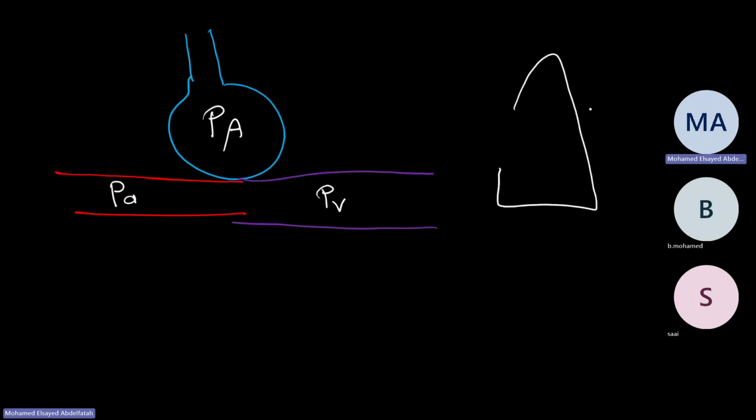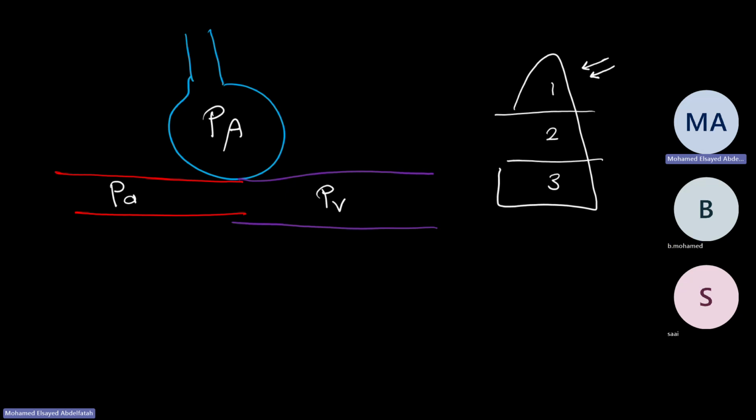So this is the lung. These are the West zones, 1, 2, 3. Okay, we said that in the apical lung region at rest, the alveoli are distended. Why is it distended? Because there is a high negative pressure intrapleurally around it.